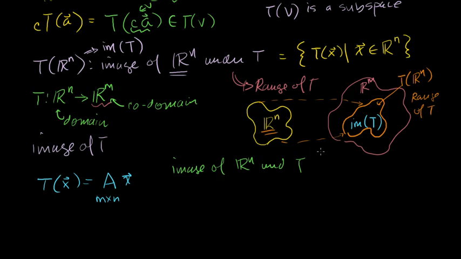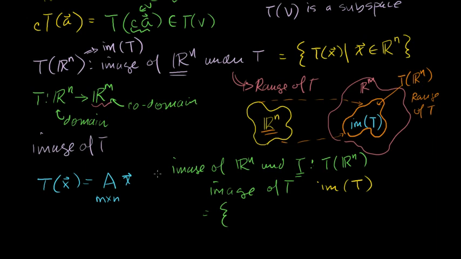So we could write that as T of Rn, which is the same thing as the image of T. Notice we're not saying under anything else, because now we're saying the image of the actual transformation, which we could also write as the image of T. Well, what are these equal to? These are equal to the set of all of the transformations of x.